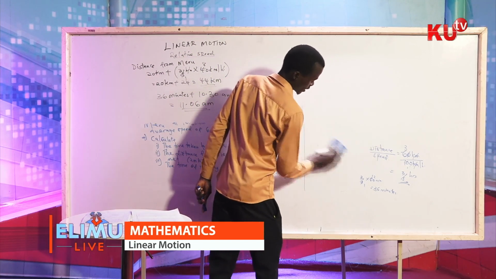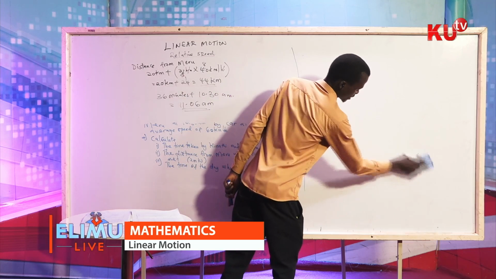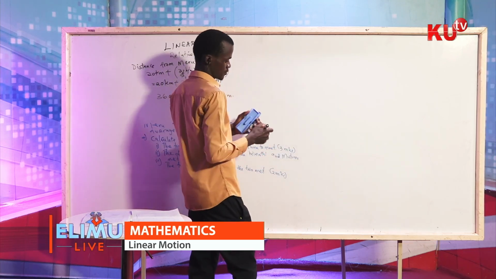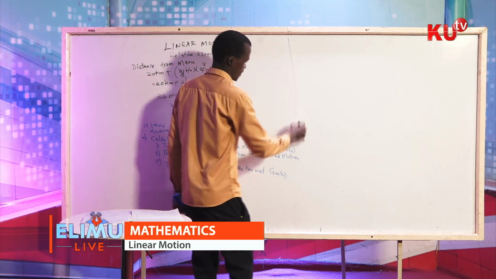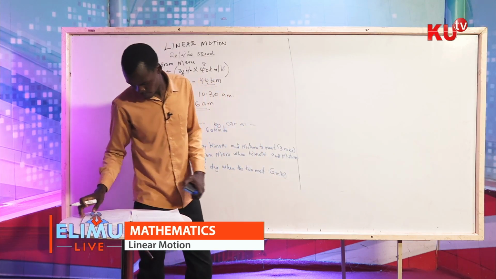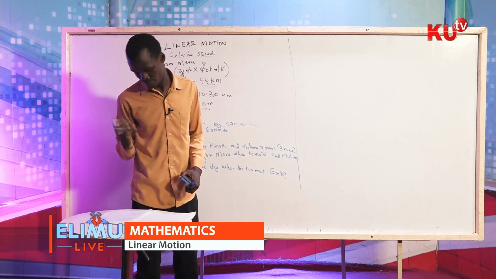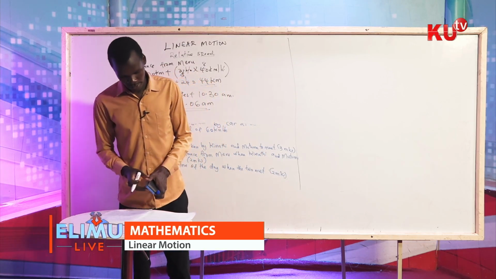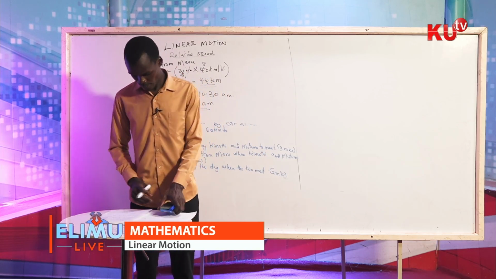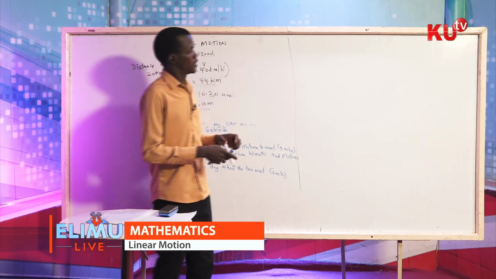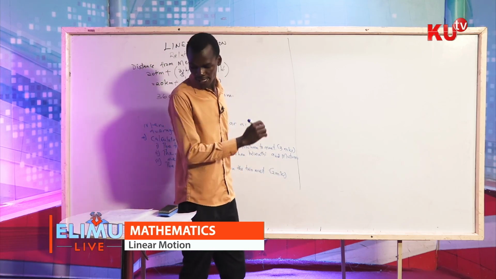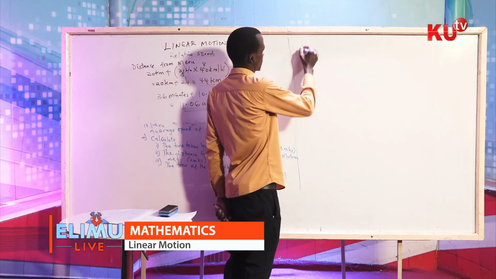For example, now we have that A and B are two towns.